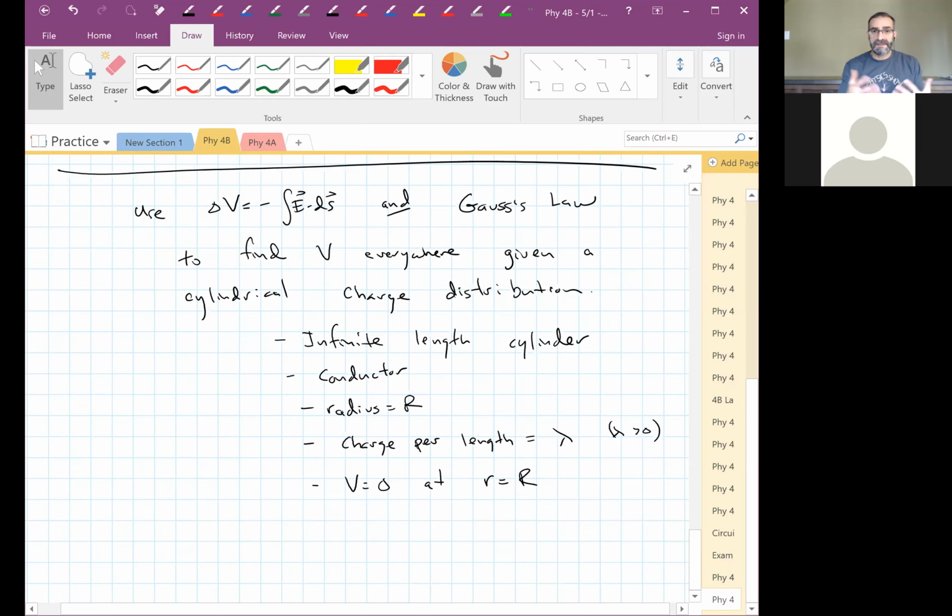Now we have to find electric potential. So we have kind of the same two techniques.